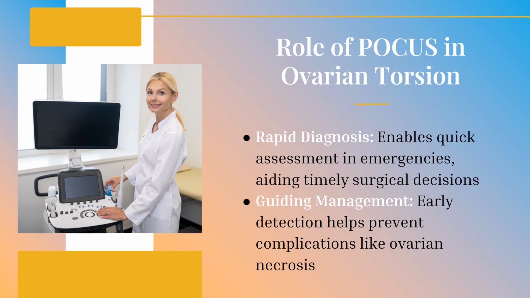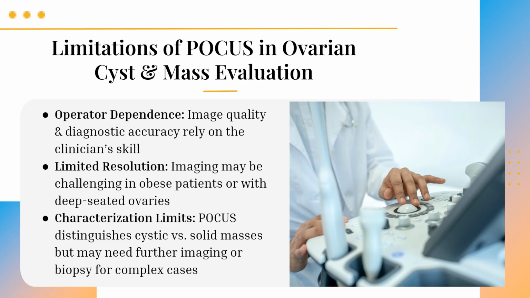You don't know why they're coming in with pelvic pain. You want to determine: is it appendicitis or is it a GYN concern, because you're going to have to quickly get a general surgeon versus a gynecologist or obstetrician to do the surgery. And so that bedside ultrasound will really help you determine where exactly the possible situations lie, especially with an ovarian torsion, where you're going to get that reduced blood flow.